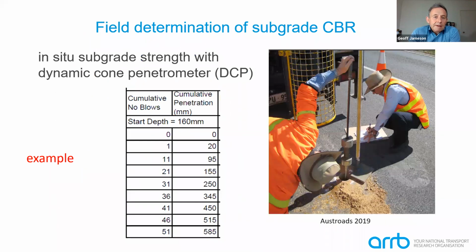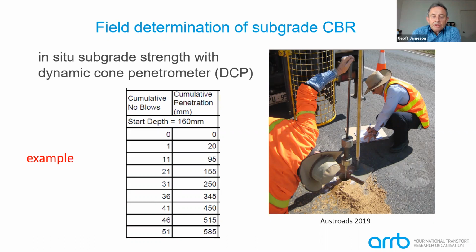I mentioned earlier about in situ testing to estimate subgrade CBR, and the most common method is the dynamic cone penetrometer, where you apply a load to a rod and you measure how much it penetrates the subgrade. And as you see in that little chart there, for a given number of blows, you can measure how much it's penetrated.